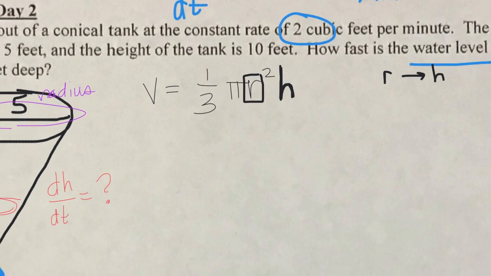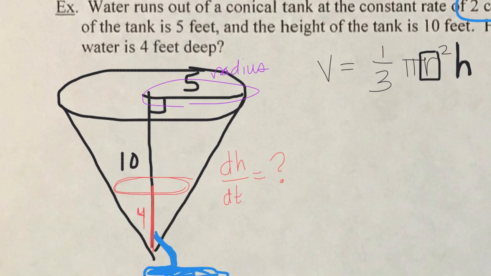So let's come over here and see if we can explain this. If I compare the radius to the height, what is the ratio of the radius to the height? 1/2, right? Which means if the height is going to be 5, that means the radius is going to be 2.5, right?